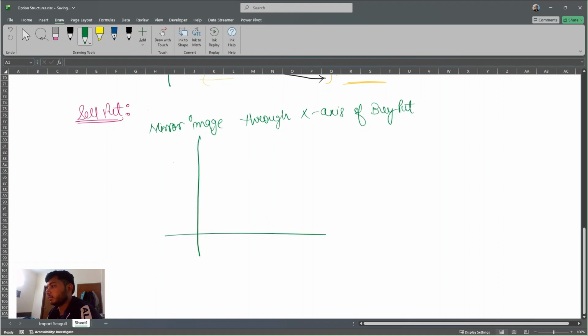Again, drawing the same. This is the payoff, and this is our price. How have we drawn buy put? We have drawn it like this. We are going to just make a mirror image of this. First, drawing the premium that we receive, and this is our payoff.